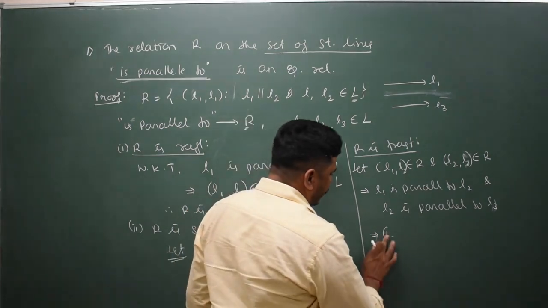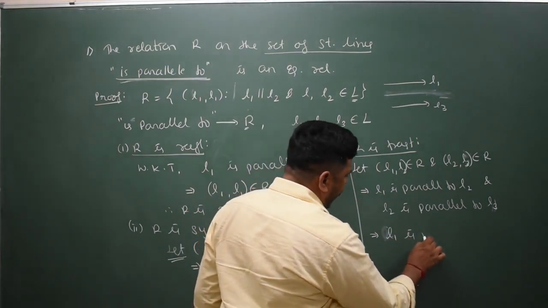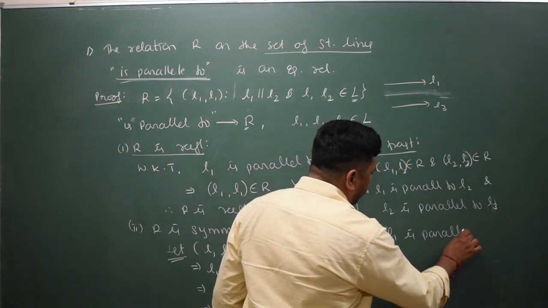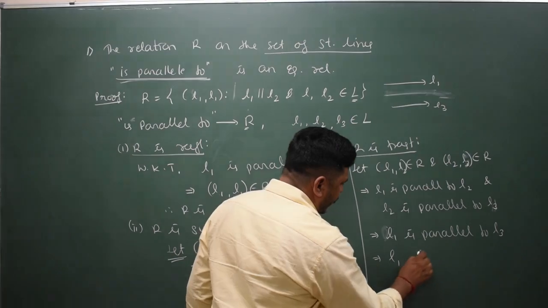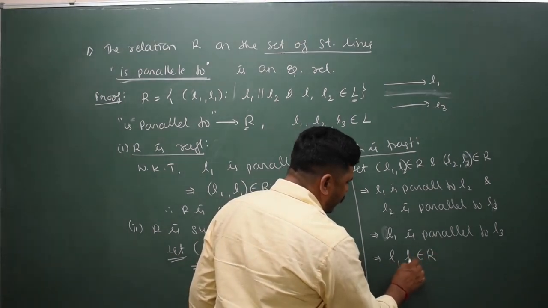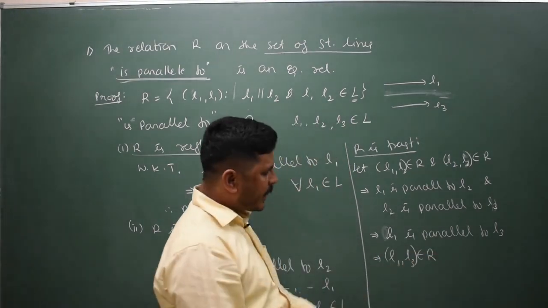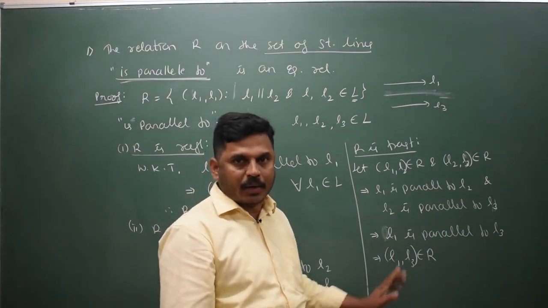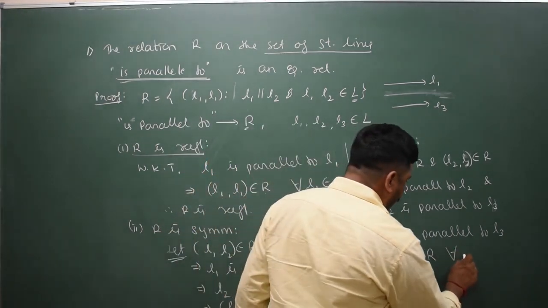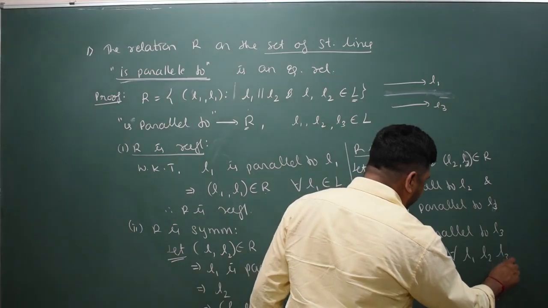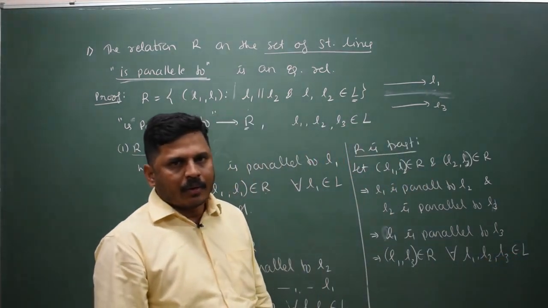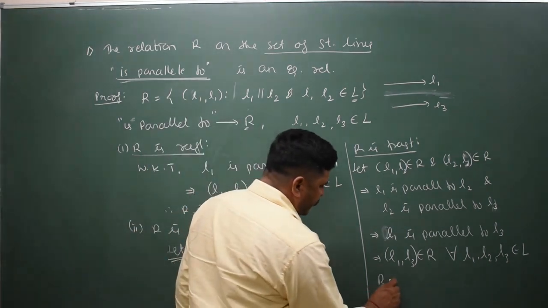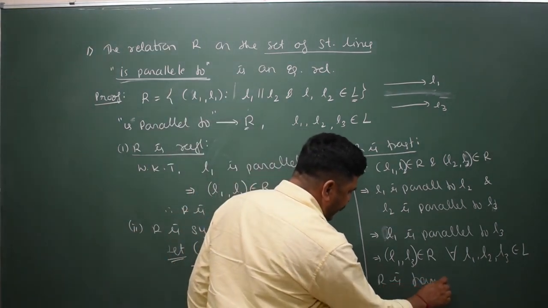Yes, L1 is parallel to L3. Is it true for all L1, L2, L3 belonging to the set L? Therefore, R is transitive.